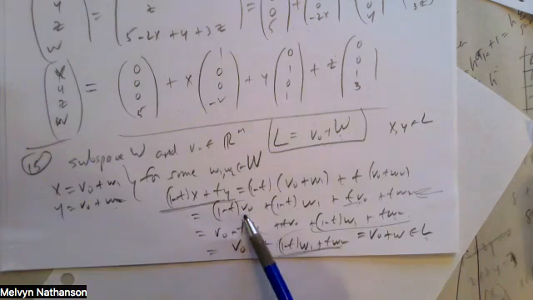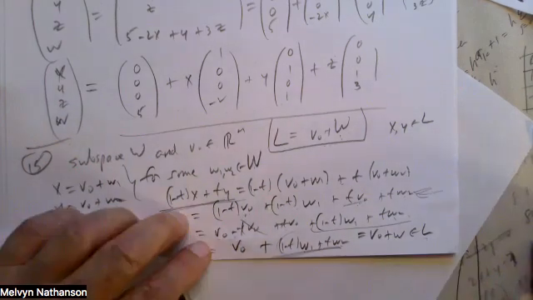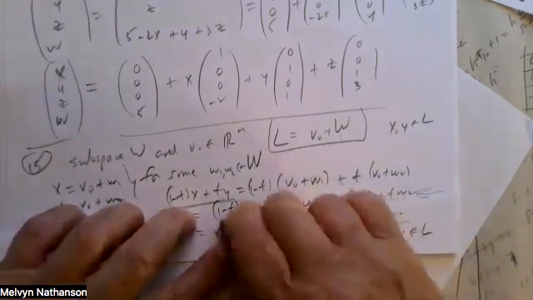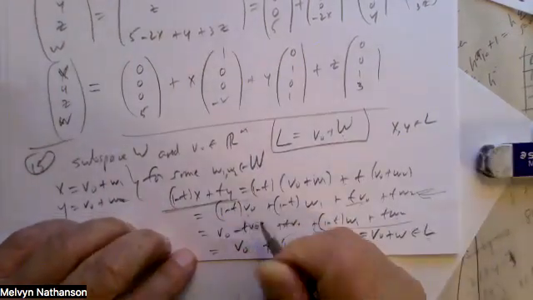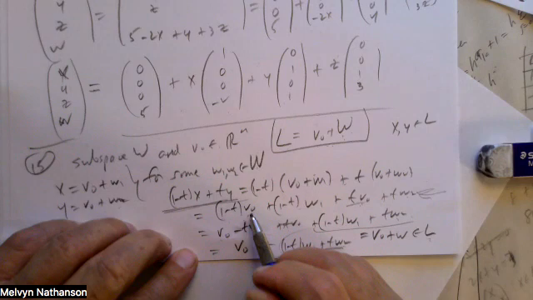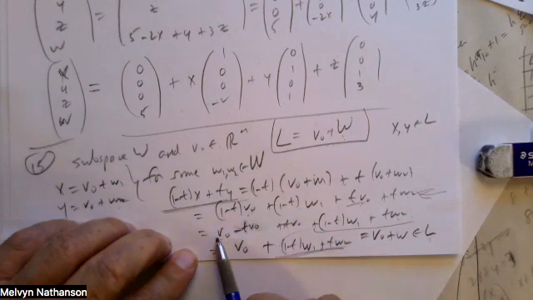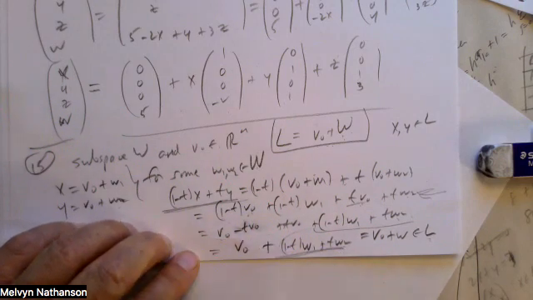So 1 minus T times V naught, just distribute. That's V naught minus T times V naught, right? 1 minus T V naught is 1 times V naught minus T V naught.